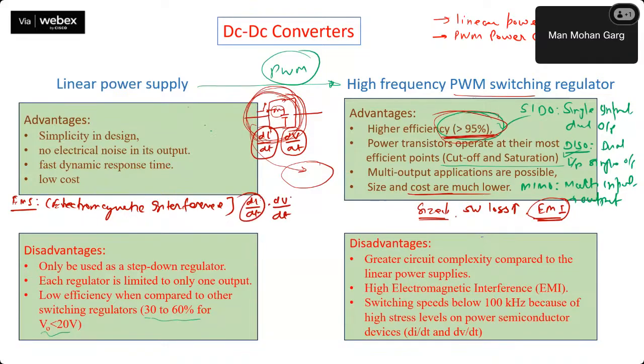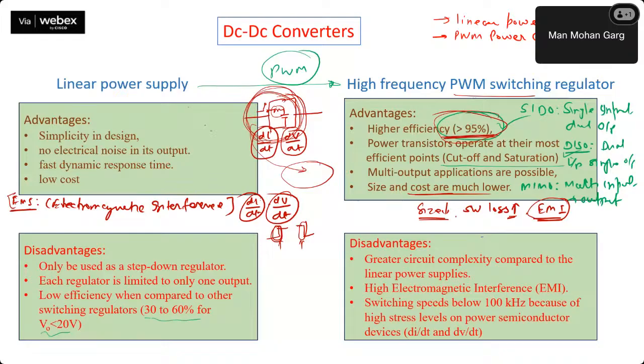If this di by dt and dv by dt can be suppressed anyhow, then we will be able to reduce the EMI. That is also an issue if you are increasing frequency, because if you increase the frequency, the number of times in a fixed time that these on and off instances occur will increase, right?